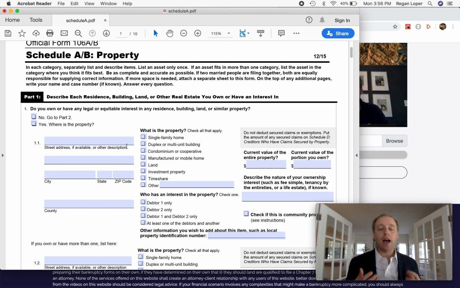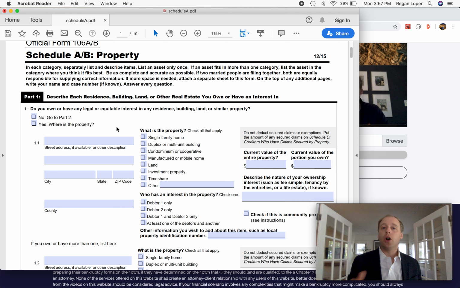Owning a home has a lot of legal repercussions that make it much more difficult to successfully complete a bankruptcy case. In a lot of cases, people generally want to end up filing a Chapter 13, which is a little more complex than our website allows for. So if you own property, I would, again, strongly encourage you to at least consult with an attorney.